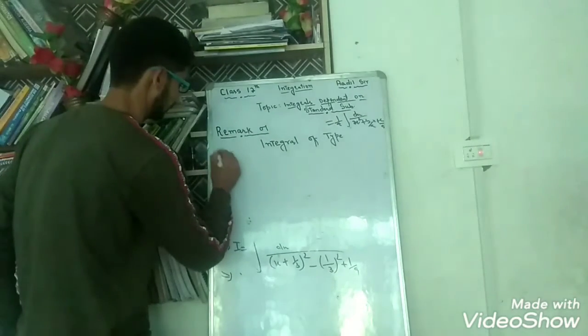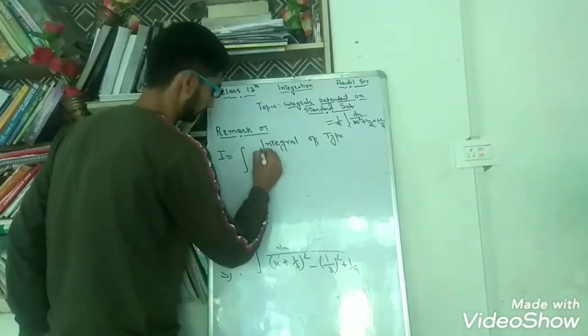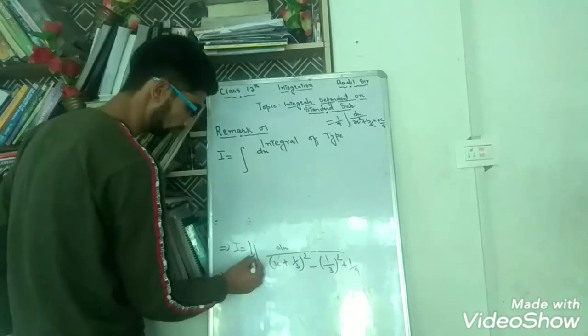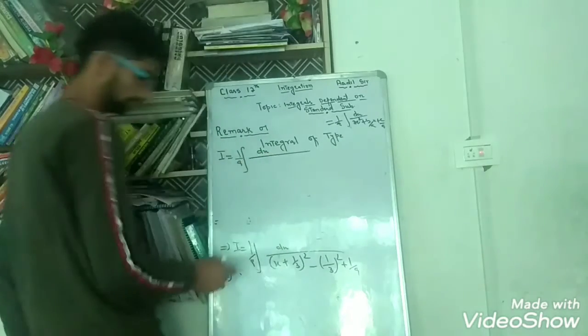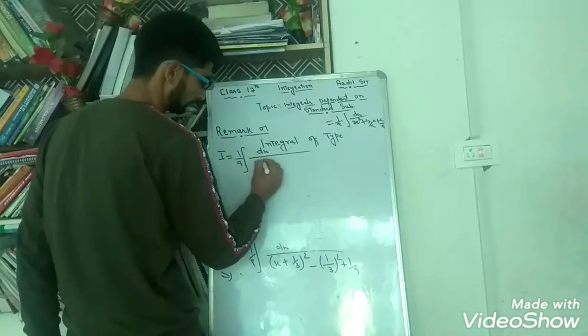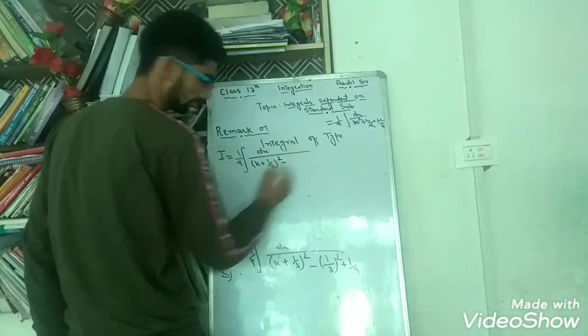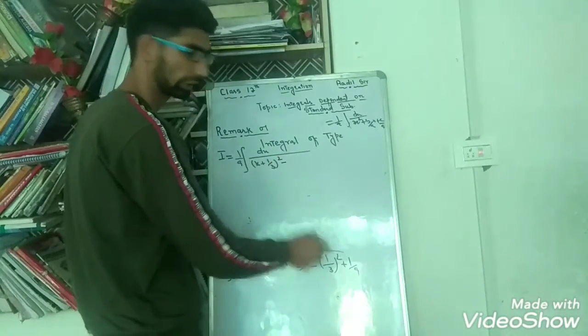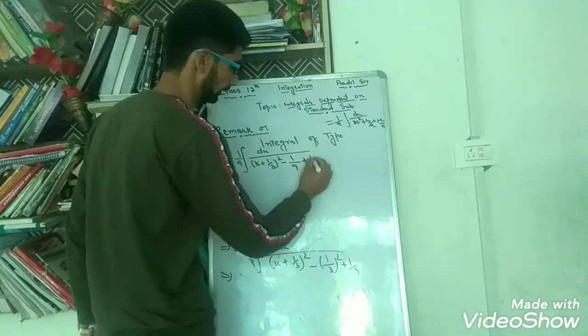Now we're getting I equal to this dx, but 1 divided by 9, we also have 1 divided by 9, dx divided by x plus 1 divided by 3 whole squared minus 1 divided by 3 whole squared, that is 1 divided by 9, and then we have plus 1 divided by 9.